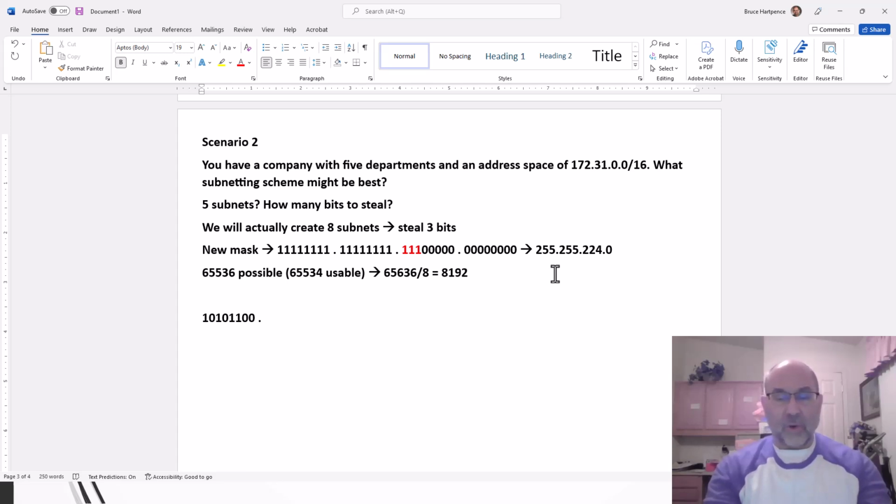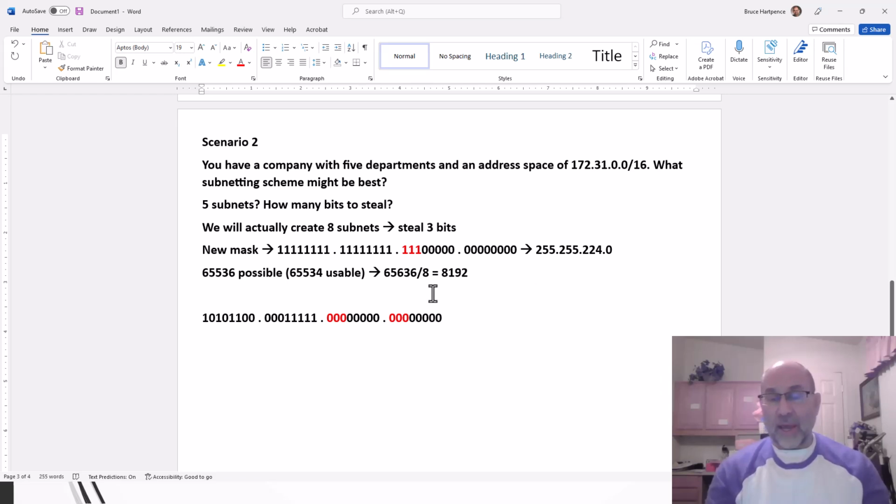And then 31, well, that one's pretty easy: 128, 64, 32, 16, 8, 4, 2, 1. Now, this is the binary for the classful address space, but we know that this is the set of subnets, or the subnet bits.